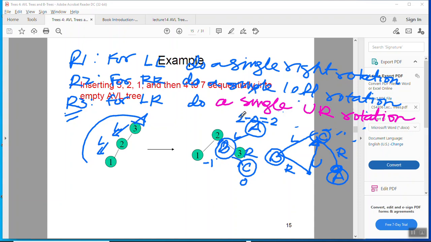You may not get it in a book, but it is a double rotation case. It needs a double rotation, but my technique is to do a single up-right.